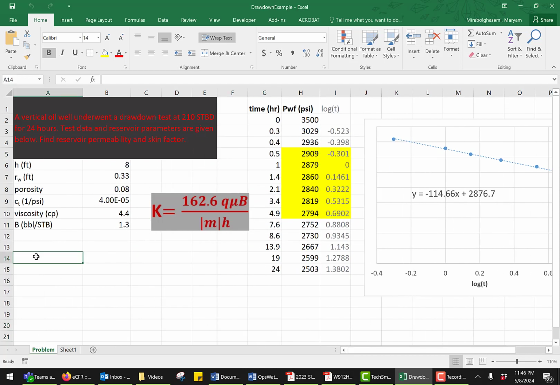So I'm going to write the slope down in this new cell. Obviously, we're going to work with the absolute value of the slope because it's a drawdown test, so the slope is negative.